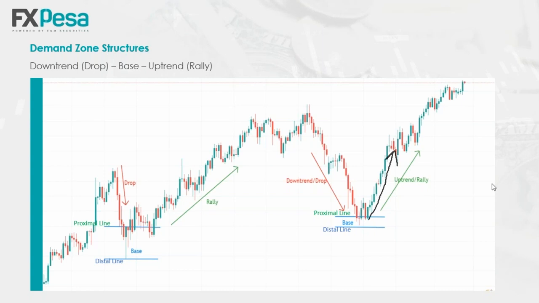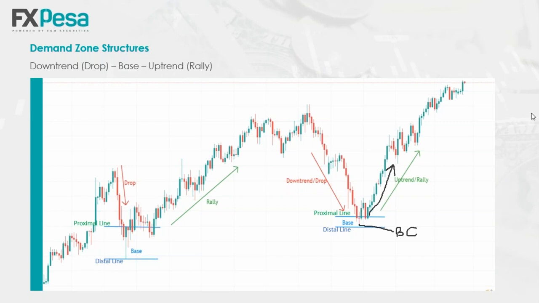So in this particular case, we would regard this to be our basing candlestick. So this doji would be our basing candlestick. And these are the lines that we are calling extended range candlesticks.